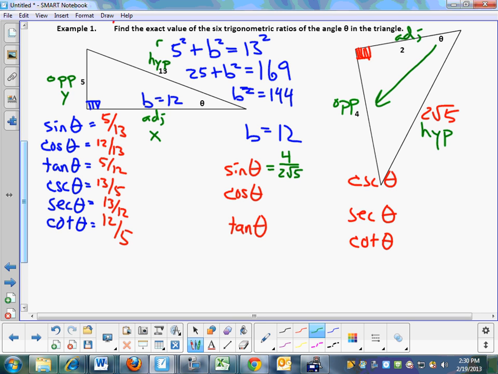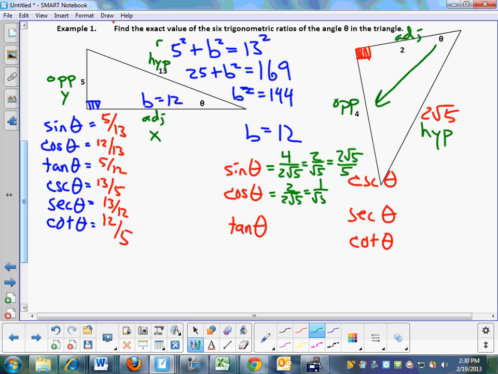How do I simplify that? That's like 2 over the square root of 5. Multiply top and bottom by square root of 5, and you get 2 roots of 5 over 5. Cosine: 2 over 2 square roots of 5.